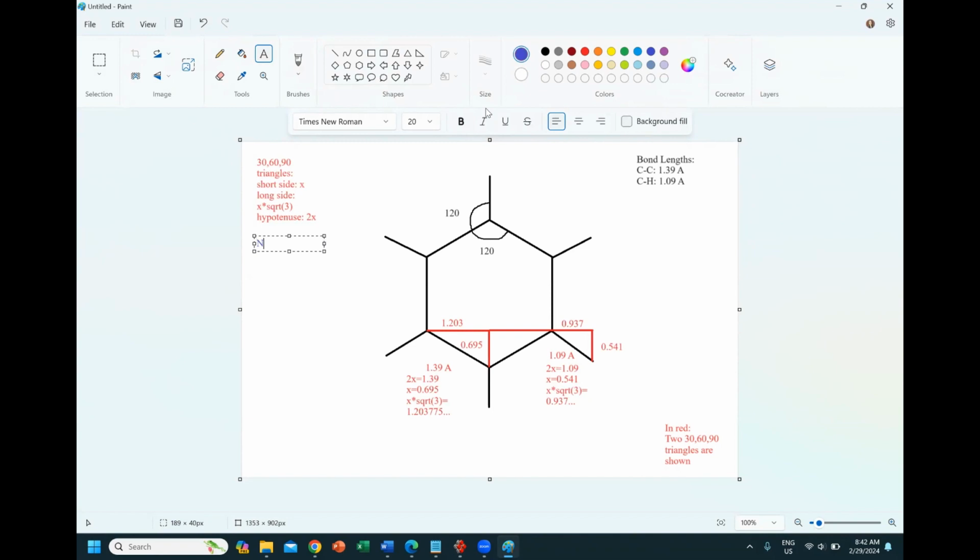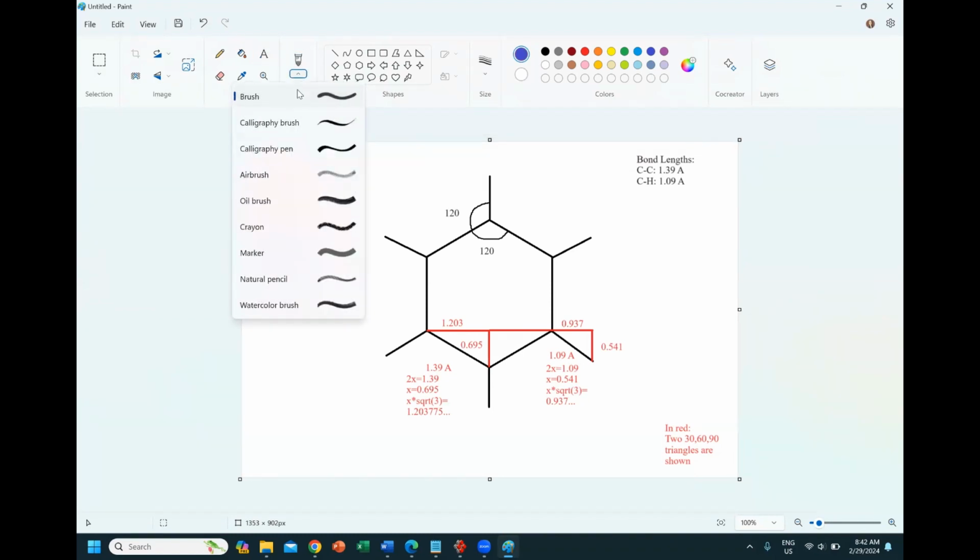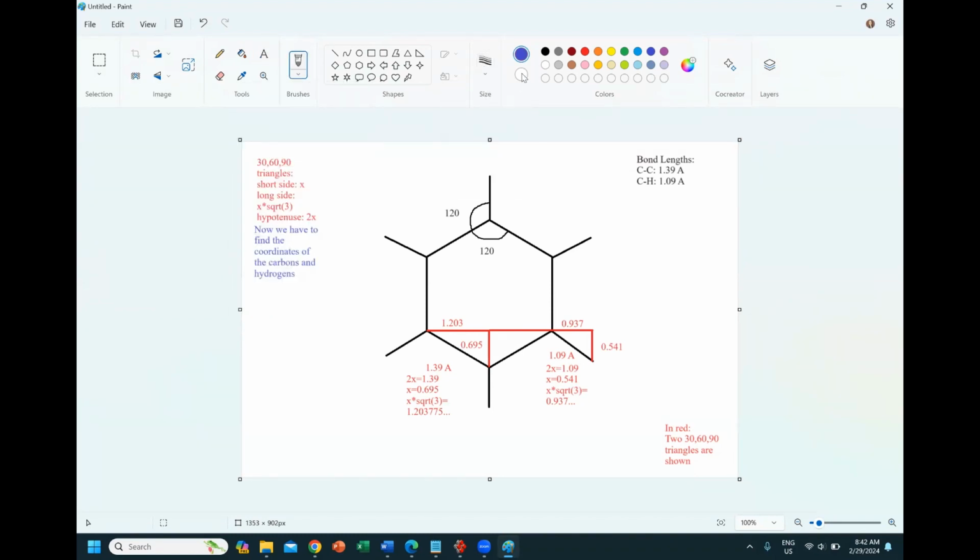I'm going to put it on an XY coordinate plane, I believe it's called in the math world. For the video that I posted where I actually put the measurements into Molekel, I used X and Y the opposite of what I did here, but again, it doesn't really matter. Oh, look at me struggling to draw that straight line.